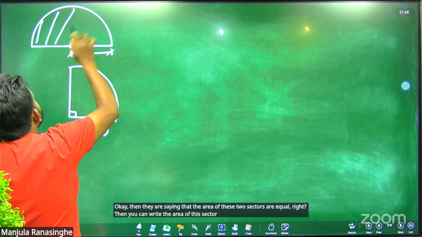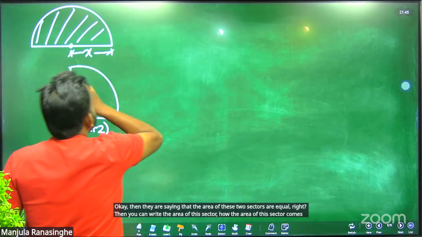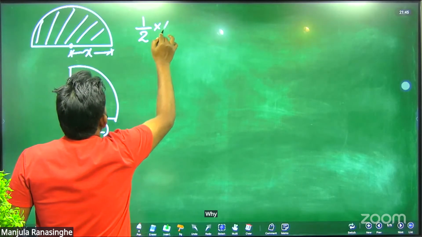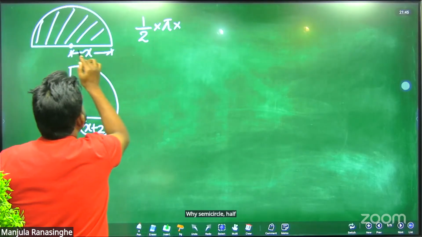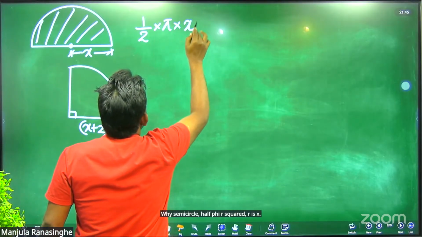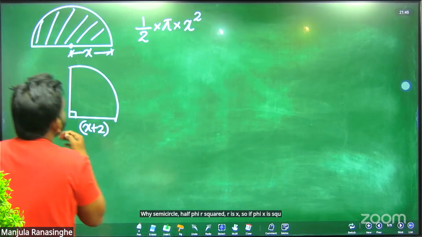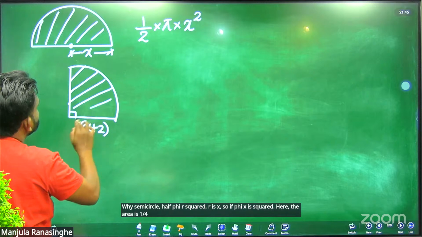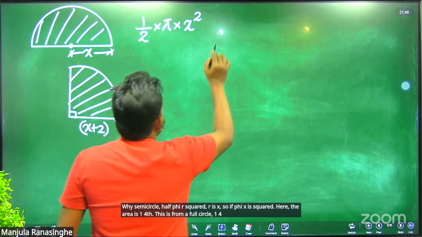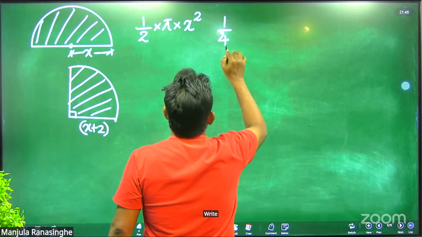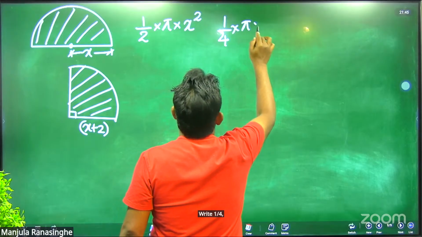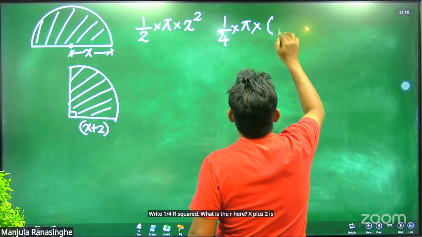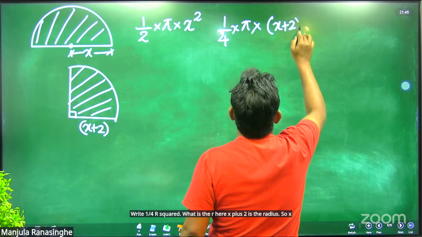Area equals half, because it is a semicircle, half pi r squared. R is x, so half pi x squared. Here the area is 1/4 of a full circle, 1/4 pi r squared. What is r here? X plus 2 is the radius, so x plus 2 squared.